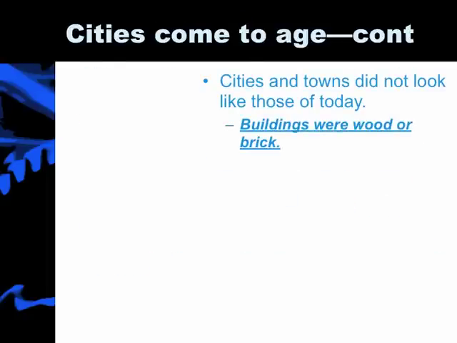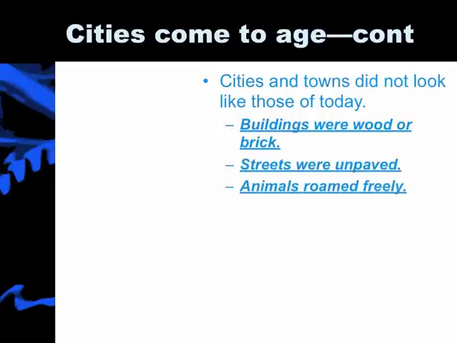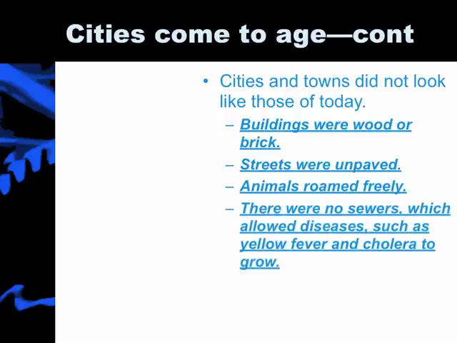Cities and towns did not always look like they do today. In the early 1800s, buildings were mostly made of wood or brick. Streets were unpaved. Animals roamed freely. There were no sewers, which allowed diseases such as yellow fever and cholera to grow. Fires could spread easily.